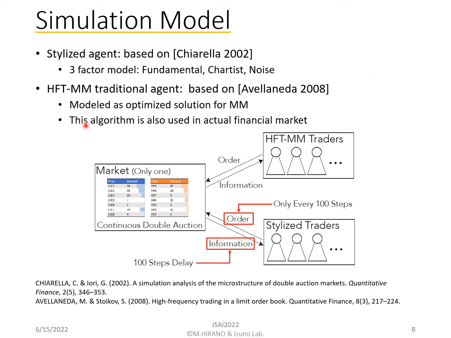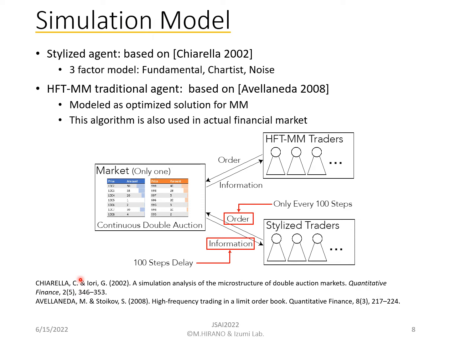In this model, the trader makes orders as a result of an optimization solution for HFTMM, and this algorithm is also used in the actual financial market. So using those traders, the artificial market simulation runs.